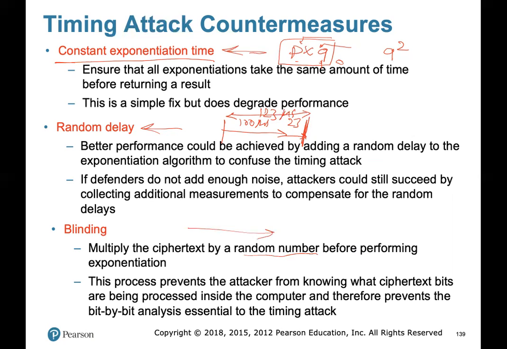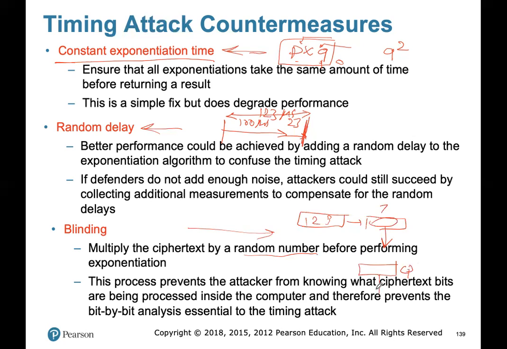So whatever your plain text is, let's say 1, 2, 3, you multiply it by a random number, which of course you know, and every time you change it. For example, 7, you multiply it by 7, you get a number, and then you start encryption using this. Everything here takes some time, and you get the ciphertext.